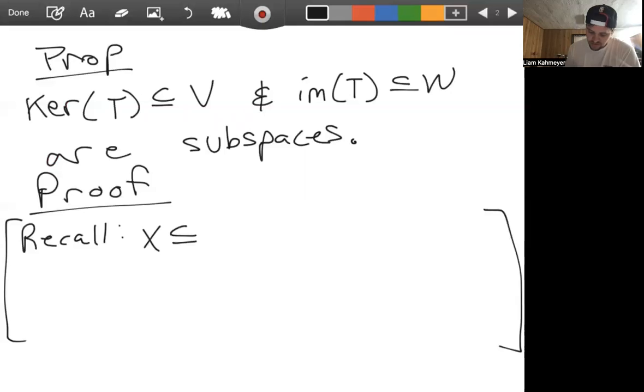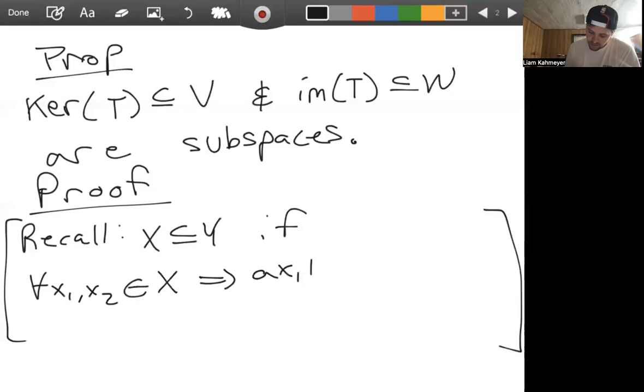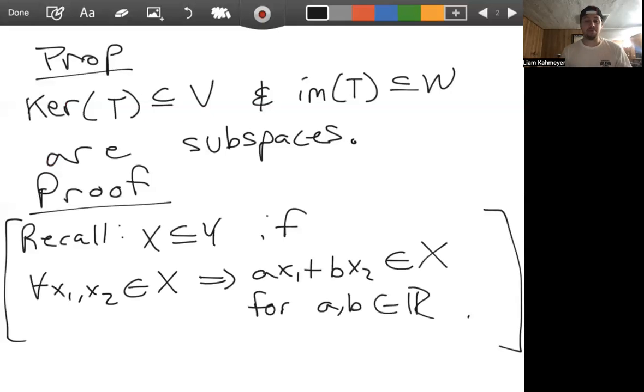X is a subset of Y is a subspace if for all, say, x1 and x2 in X, this implies that a x1 plus b x2 is also in X for real valued scalars a and b in R, right? This is what we need to show that X is a subspace, right? So let's do that for the kernel, and then let's do that for the image.